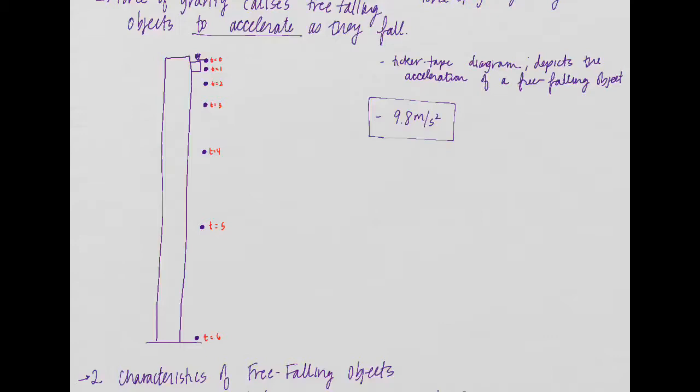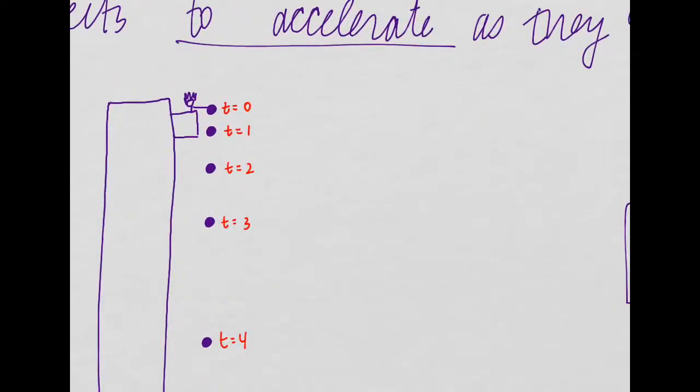At time 0, we have a velocity also of 0, right? That makes sense. We're going to do velocity in blue. Velocity equals 0 meters per second. And if we're not moving, obviously our acceleration is also 0 meters per second squared.